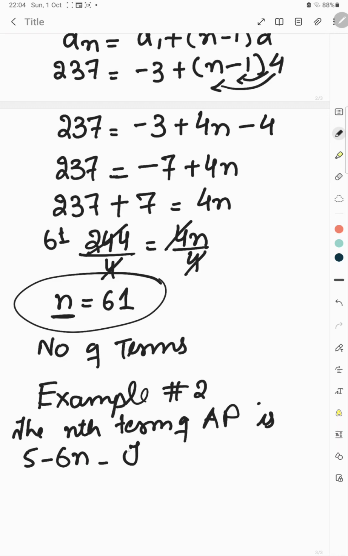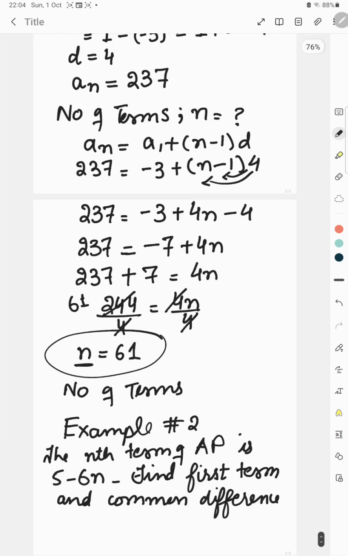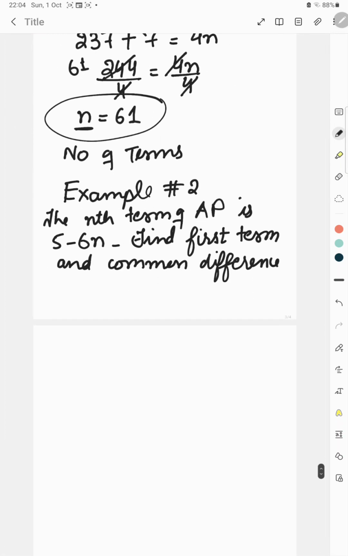We have to find the first term, and as you know, the first term is a1, and the common difference. And you know the common difference is d. So I will start the answer here.